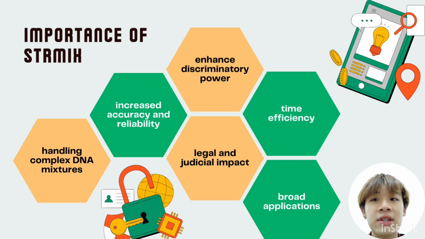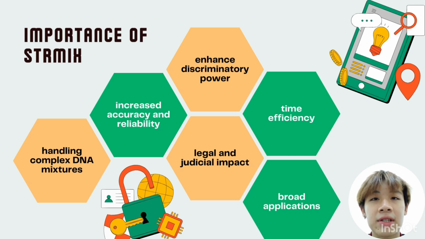Besides that, by using advanced statistical models, STRmix can account for uncertainties and variabilities in DNA data, leading to more precise interpretations. It effectively handles issues like allele drop-out and drop-in, which are common in low-template DNA samples, thereby reducing the risk of misinterpretation.